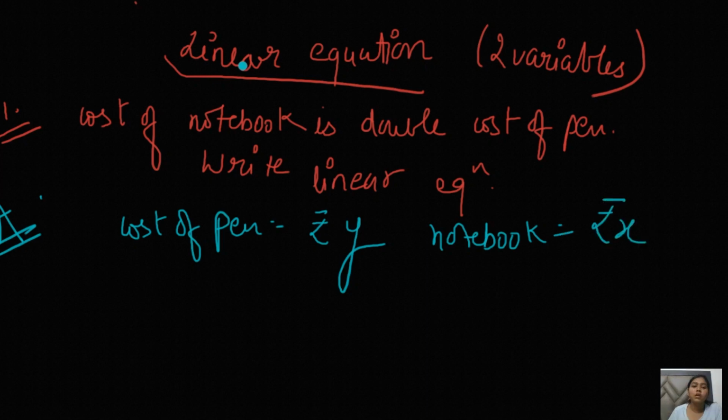According to the given question, we'll write: the cost of notebook is double the cost of the pen. The cost of notebook is x. It is equal to, the cost of notebook is, just stop where the word is appears. When you see the is, you just have to put an equals sign.